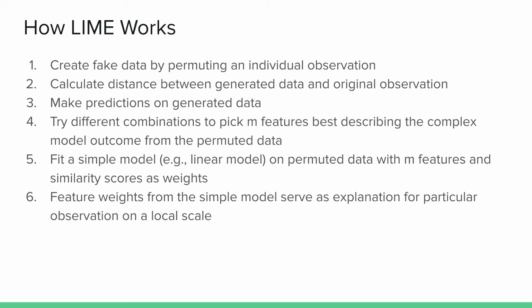We take our permuted data, those features and the similarity scores, so how close one permuted sample is to our original observation, take those scores as weights, and those feature weights that we learn on this simple model can then serve as explanation for a particular observation on the local scale, so for this particular example. Summing up, the underlying idea is: change one sample and watch what happens.